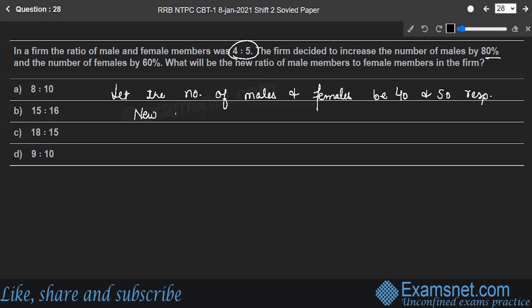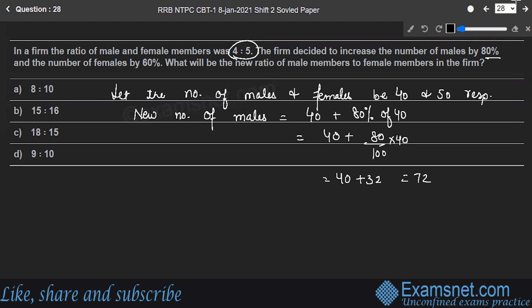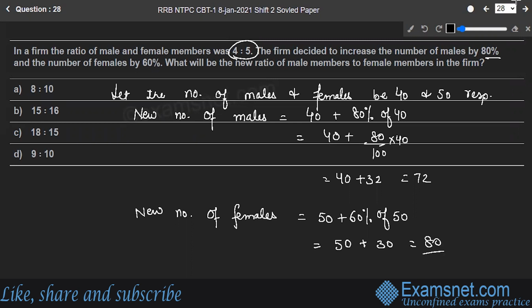So, new number of males is equal to 40 plus 80% of 40, that is 40 plus 32, 72. Similarly, new number of females is 50 plus 60% of 50, which is equal to 50 plus 30, that is 80.